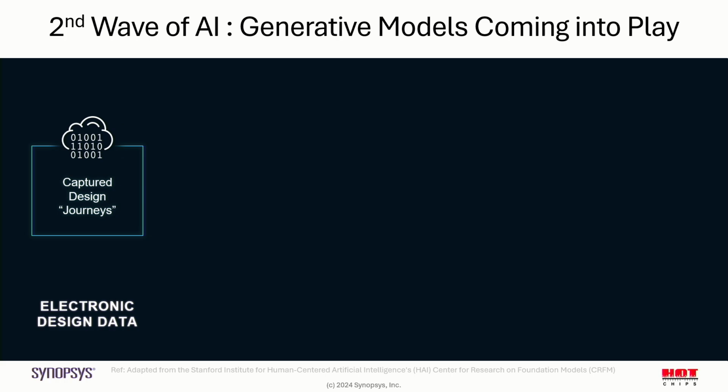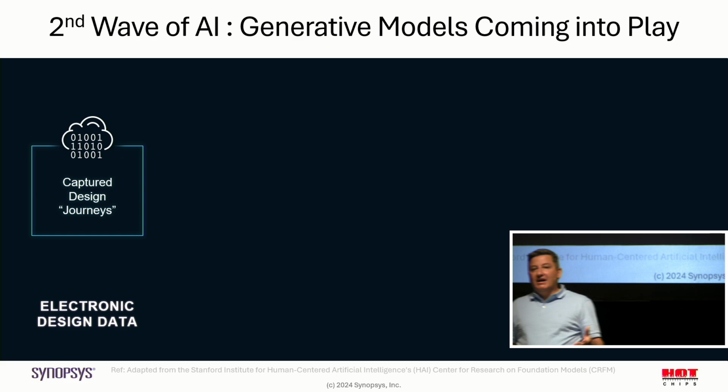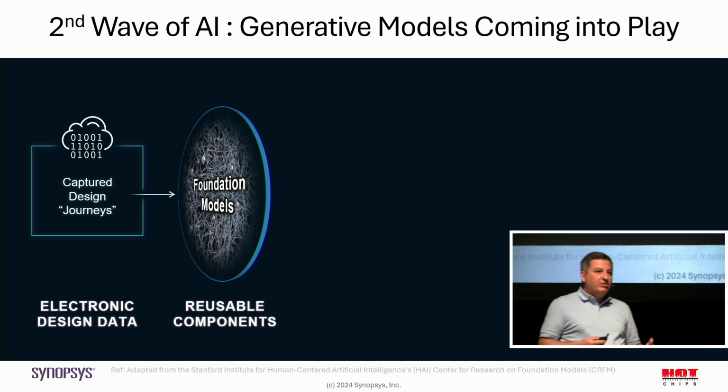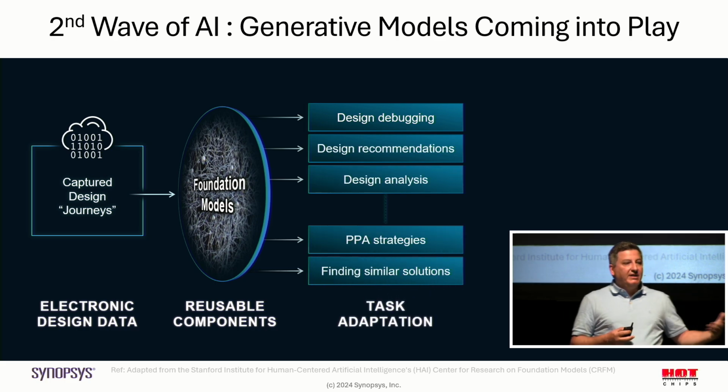We can start thinking of our ability to capture all these kinds of design journeys that we're taking with RL, all this data we're generating on the fly, doing different designs, capturing it in data sets, and then using these data sets to train foundation models. And those foundation models now can actually be adapted to different techniques and different kinds of tasks.